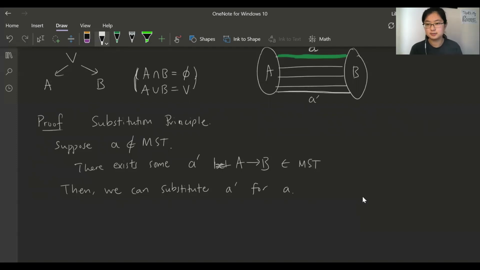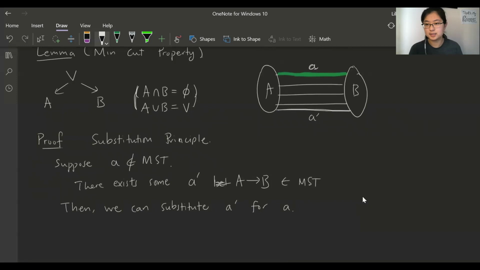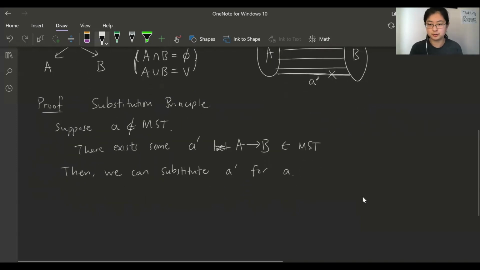Basically, we take this MST and get rid of the edge a prime, and we put in the edge a. This is still a minimum spanning tree because a and a prime serve the same purpose of connecting stuff from A to stuff from B. So whatever results from this substitution is still a minimum spanning tree.